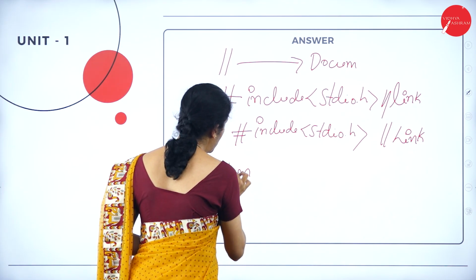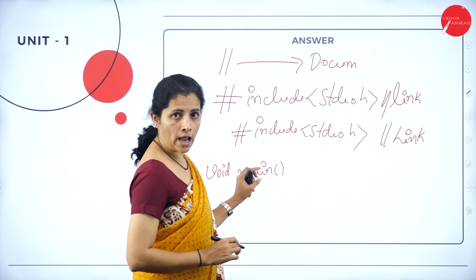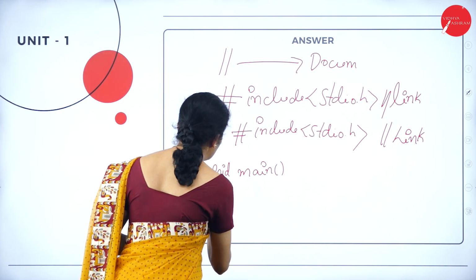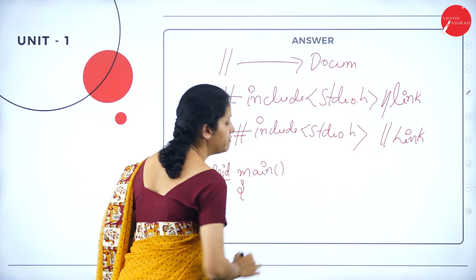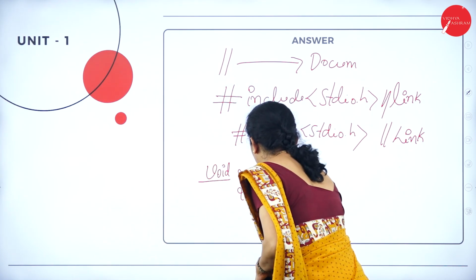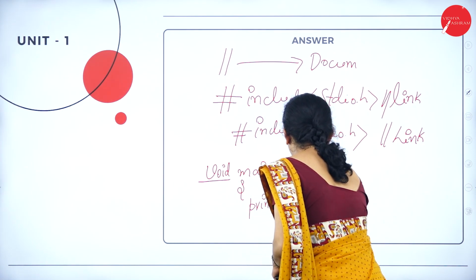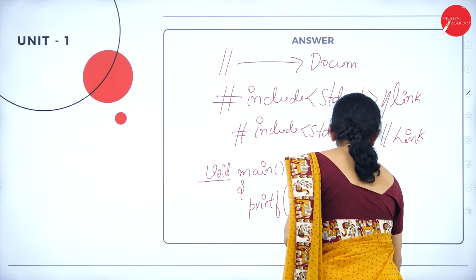So void main. So what is the meaning here? This main program does not return any value. So it is void. Then start with the flower bracket. So I'll write printf, first C program.